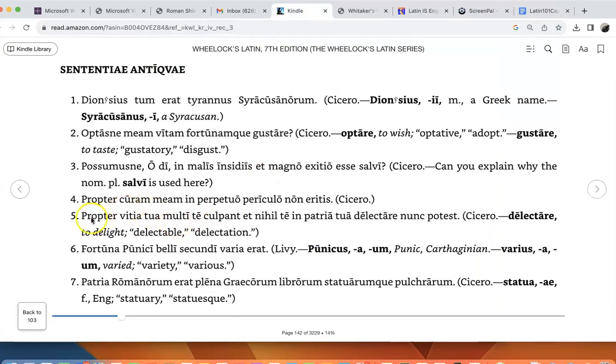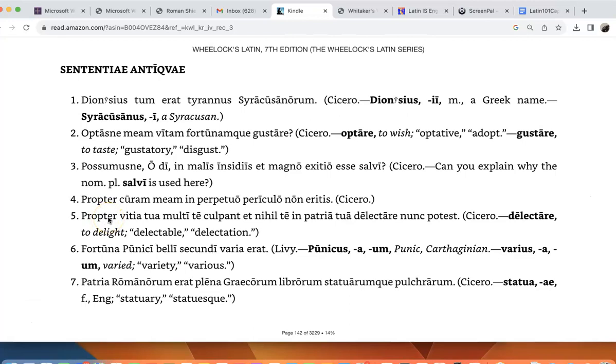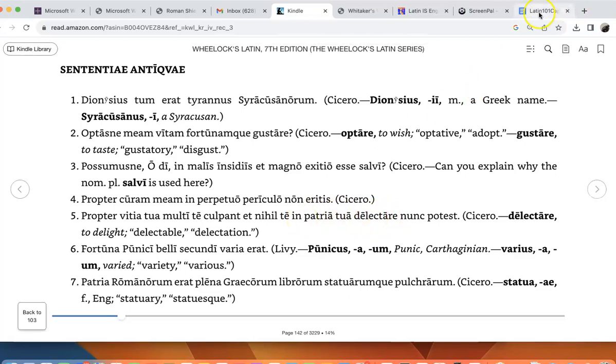Okay, moving on to number 5, we have propter again, because or on account of. Another preposition. Now, vita means life, but vitia means vices or crimes. So on account of your vices, many blame you, and nothing now is able to delight you in your country.